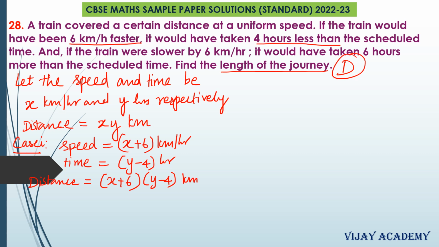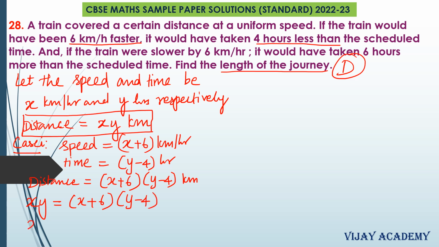Since the distance does not change, the original distance is x into y, and in case 1 the distance is x plus 6 into y minus 4. Distance does not change, so we can equate these two. So we can write x into y equals x plus 6 into y minus 4.